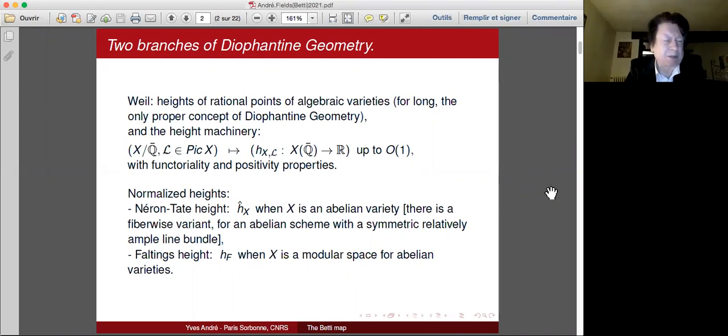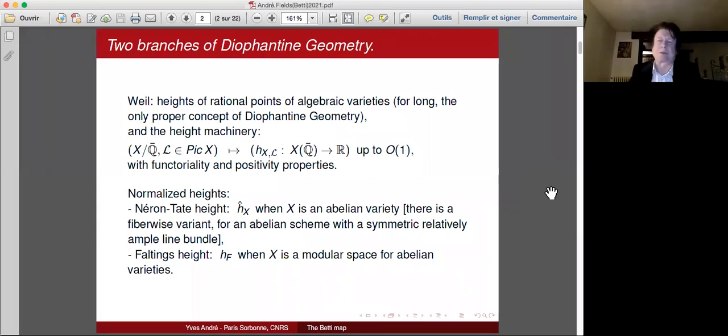Sometimes it's a bit annoying to allow some ambiguity, some bounded function, and it is important to normalize the height. And there are two famous cases: the Néron-Tate height, denoted by ĥ_X, when X is an abelian variety.